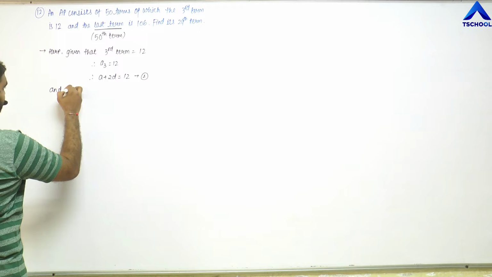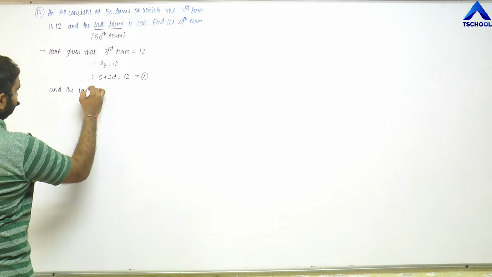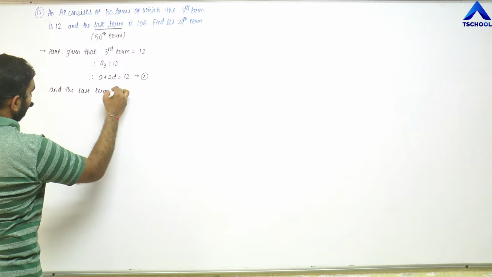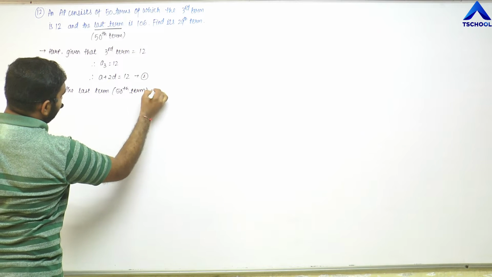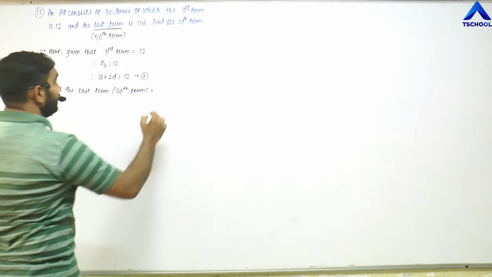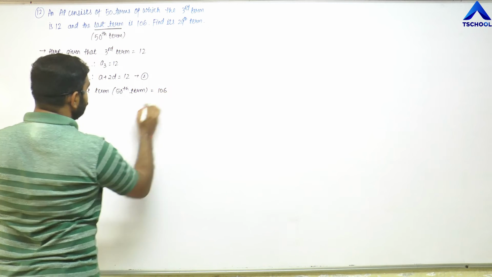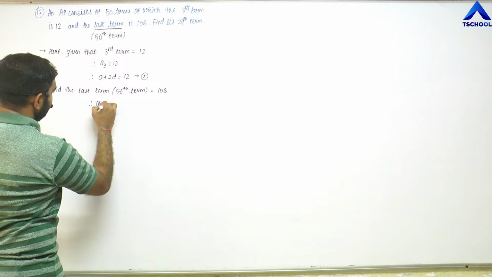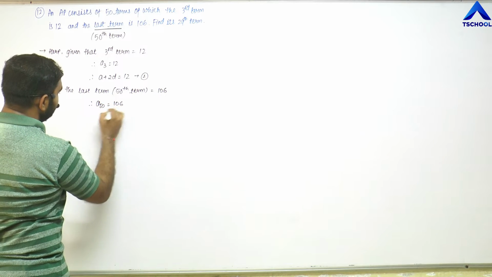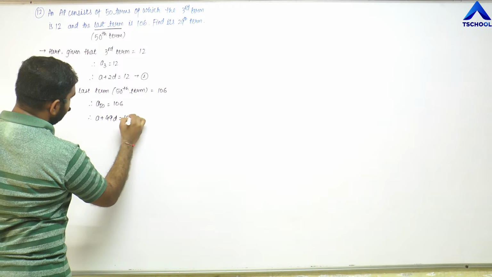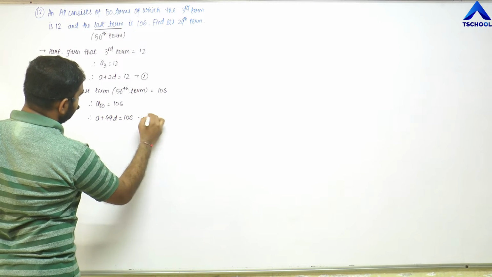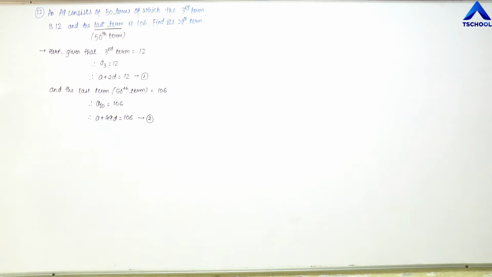And the last term, or the 50th term, for your understanding I am writing it here, is equal to 106. Therefore, A50 is equal to 106, that is A plus 49D is equal to 106. So we got the second equation also, right?